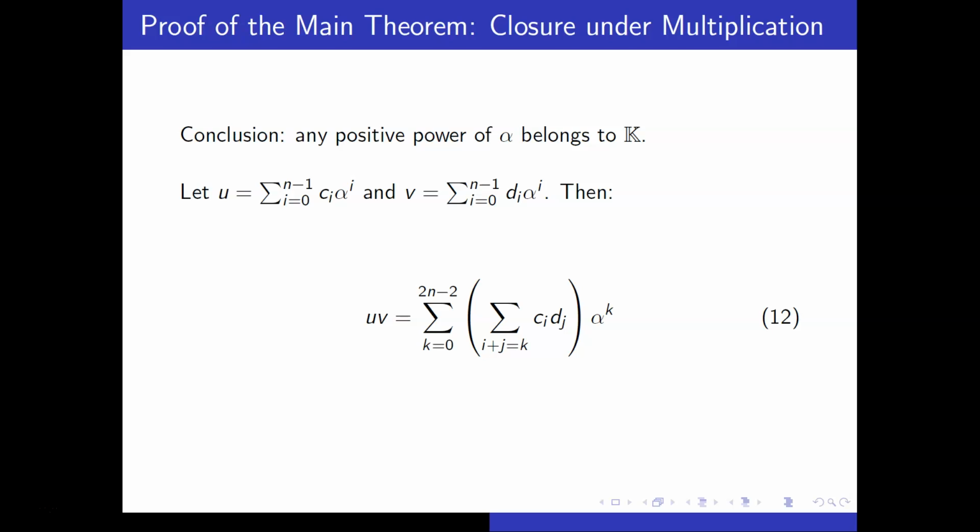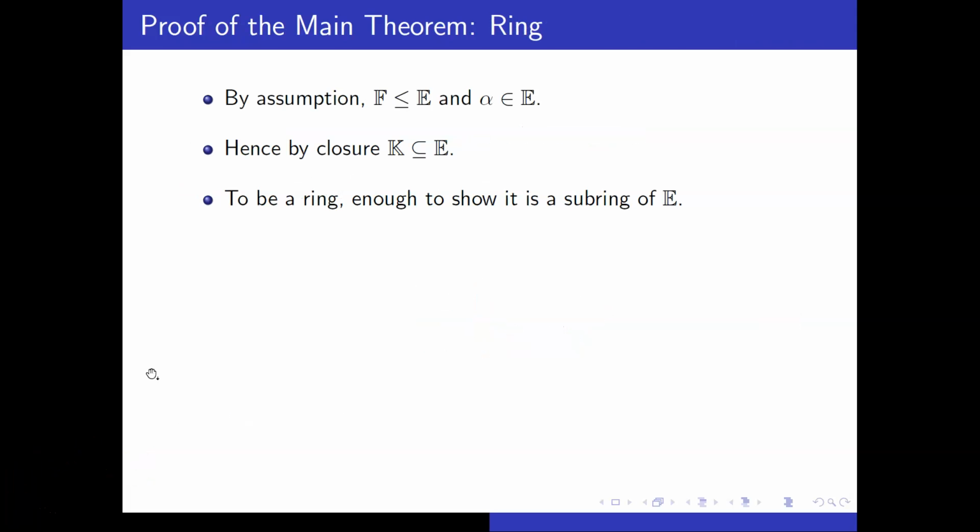But I know that anything above n minus 1 is also in K, so I am adding elements of K to elements of K, and it's closed under addition. All powers of alpha belong to K, their sum belongs to K, and the whole thing is closed under multiplication. All right, so that takes care of the two closure parts.